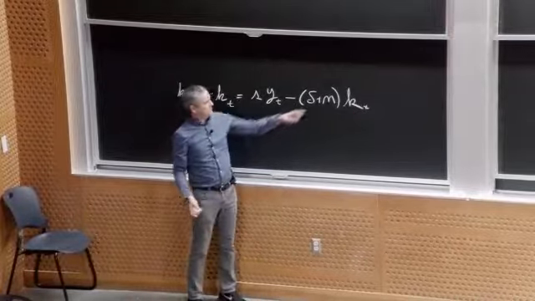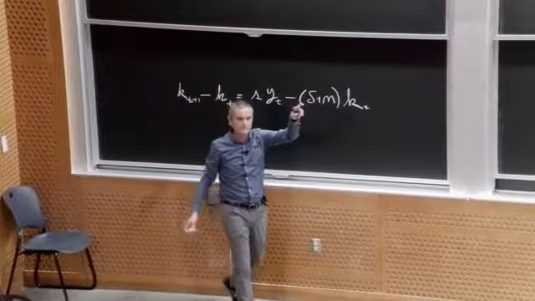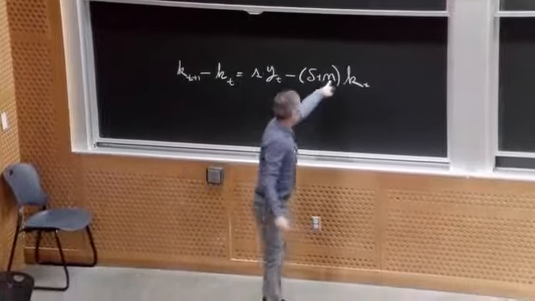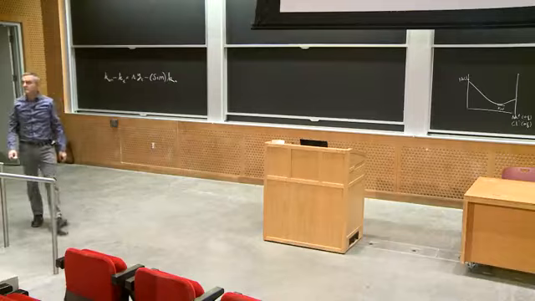Wait, why don't I have a delta plus n plus gA there? Remember that in the previous model I had a delta plus n plus gA there. Did I make a mistake?